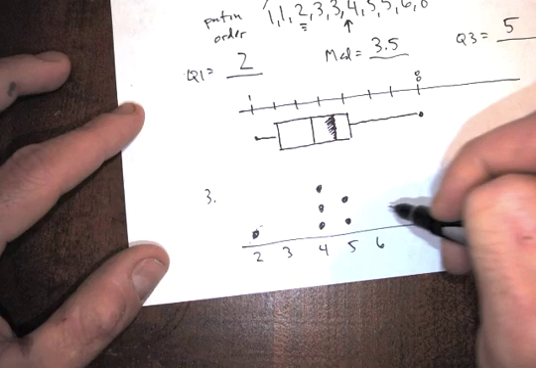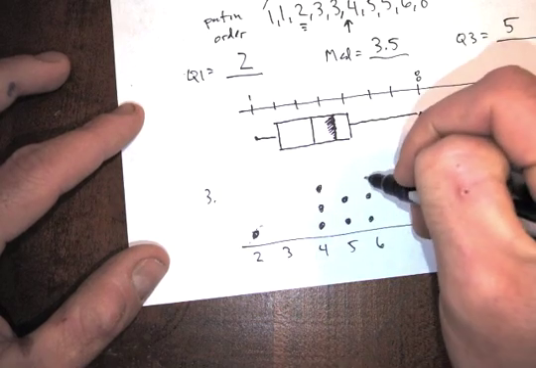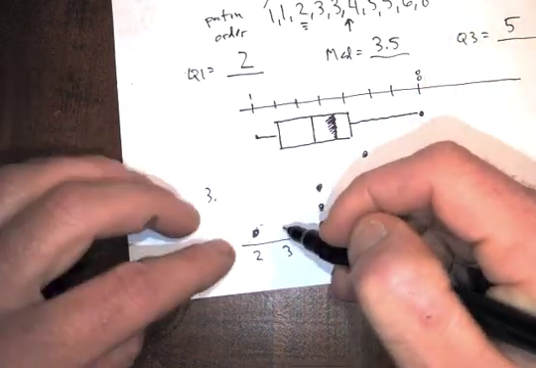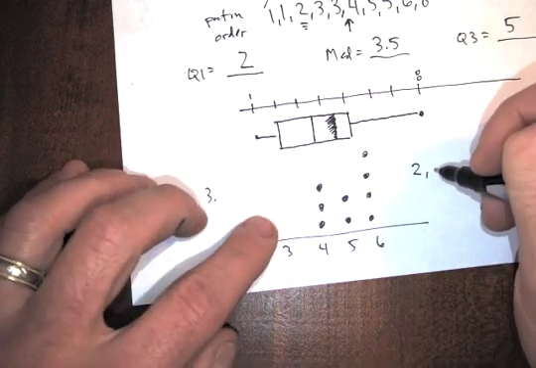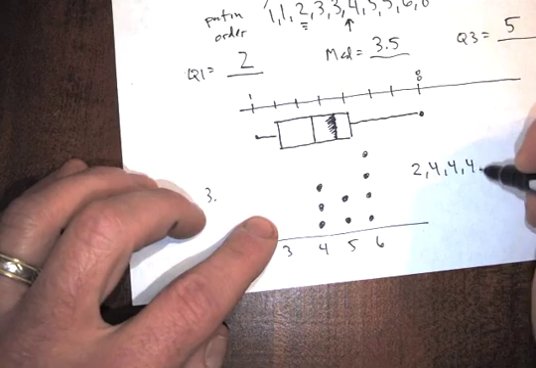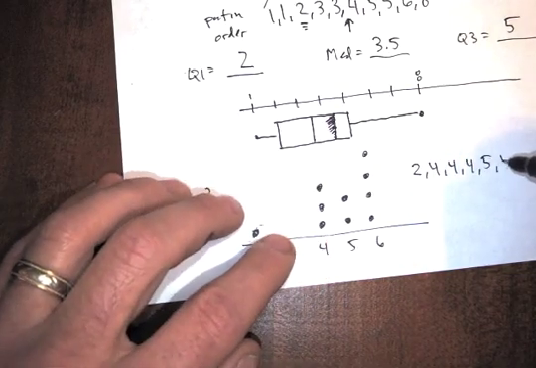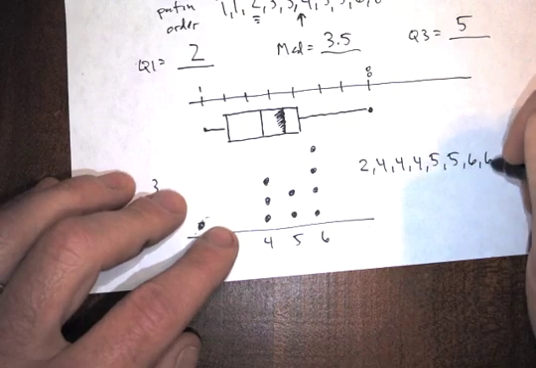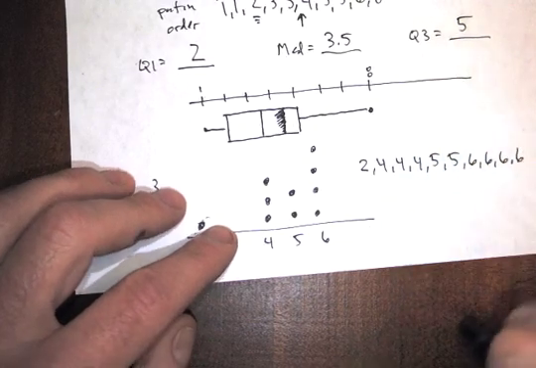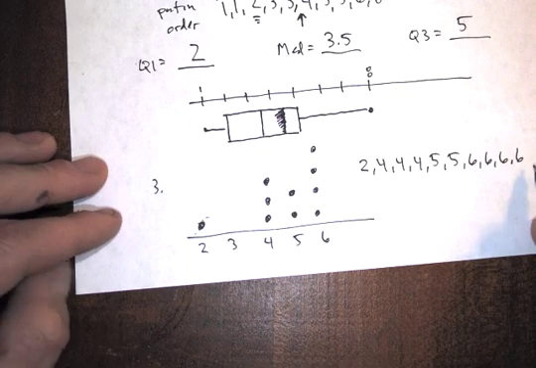For this set, you're going to want to list out the data. So there's a 2, there are 3 4s, so we say 4, 4, 4. There are 2 5s, 5, 5, and there are 4 6s, 6, 6, 6, 6. Okay, and then you could work with that.